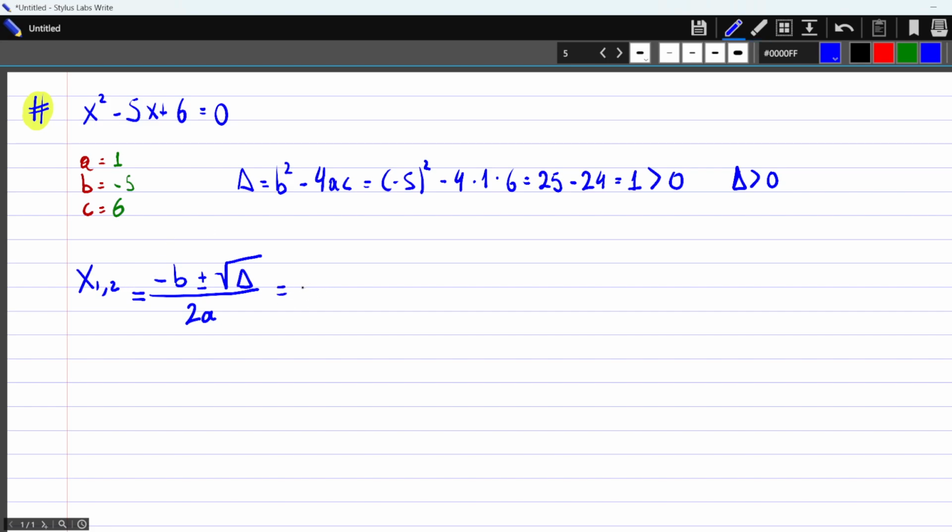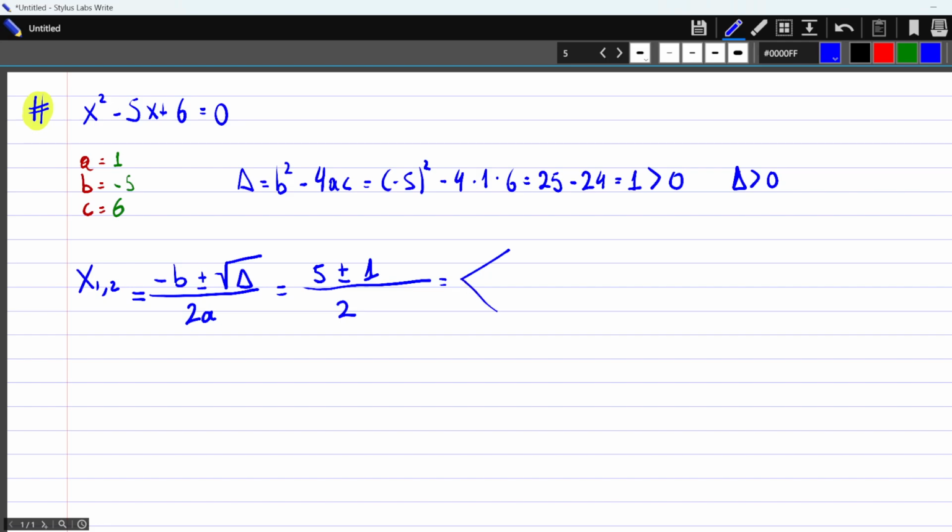Which is, b is minus 5, which means minus b is plus 5. So 5 plus minus square root of 1, which is delta, the discriminant. Square root of 1 is 1, divided by 2 times 1, because a is 1, which means 2.